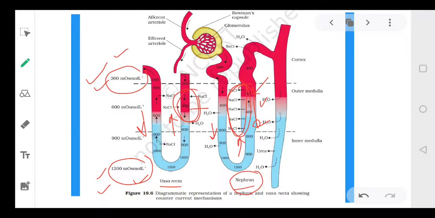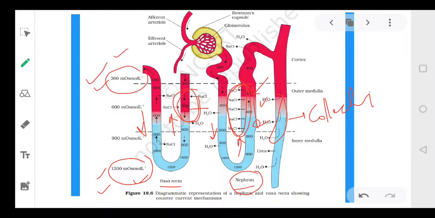Now presence of this gradient, it basically provides an easy passage of water from the collecting tubules, thereby concentrating the urine. अब आप देखिए, collecting duct को देखिए, this is your collecting duct. ठीक है। सो collecting duct में से majority of the water जो है वो remove हो रहा है, it is being reabsorbed, वापस से reabsorb किया जा रहा है, and because of this the urine will become highly concentrated. So the human kidneys can produce urine nearly 4 times concentrated than the initial filtrate found.